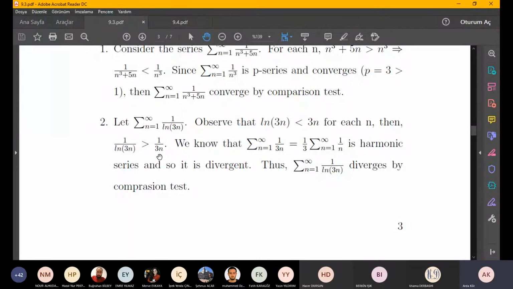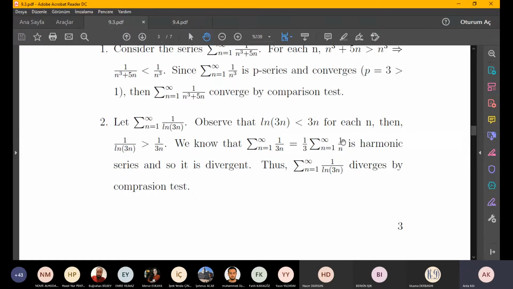And we know that. Now try to think about the series which has general term 1 over 3n. What can you say about its divergence or convergence? Since 1 over 3 is a constant here, as we have seen in that rule, you can write it as 1 over 3 times the sum of 1 over n, right?